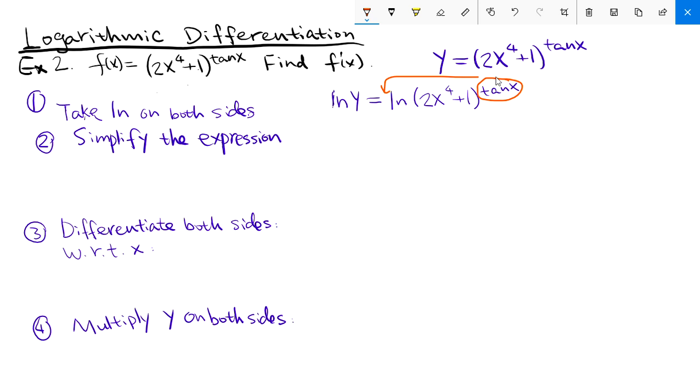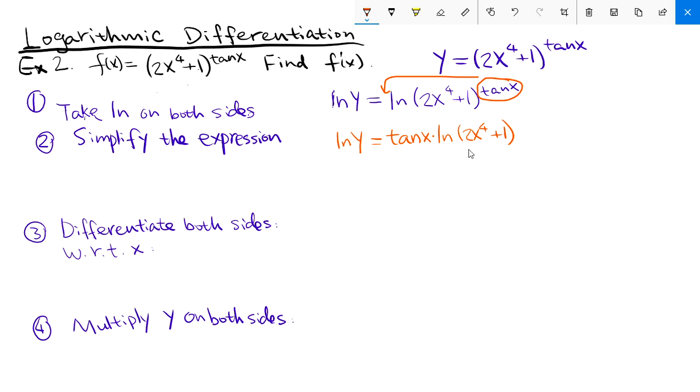So instead of using this expression, I can also rewrite it as tangent x times natural log of 2x to the fourth plus 1. So now this tangent x, instead of being on the power, is being multiplied with our expression. And this would make it easier to take the derivative.